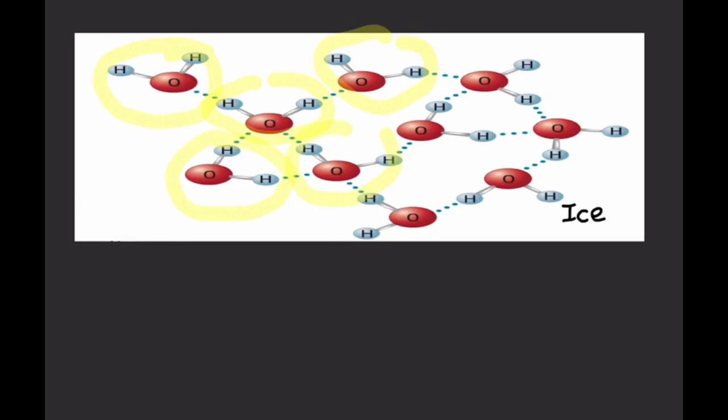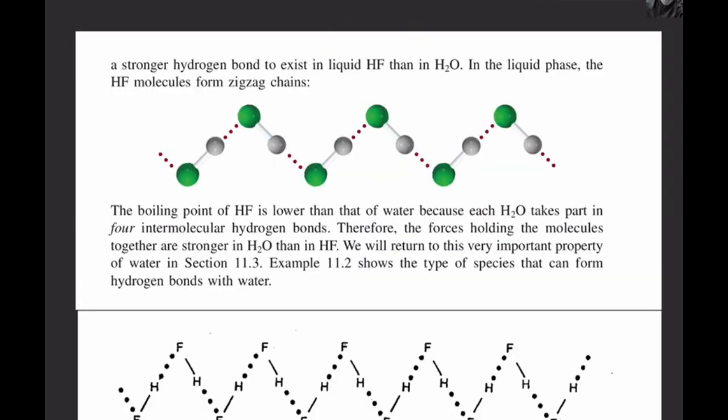In liquid state also, water can form hydrogen bonds. Now we know that HF at room temperature is a liquid, but it can also exist in solid state and in gaseous state. So HF is a substance which can do hydrogen bonding in all three states: in gaseous state, and in liquid and solid state also.